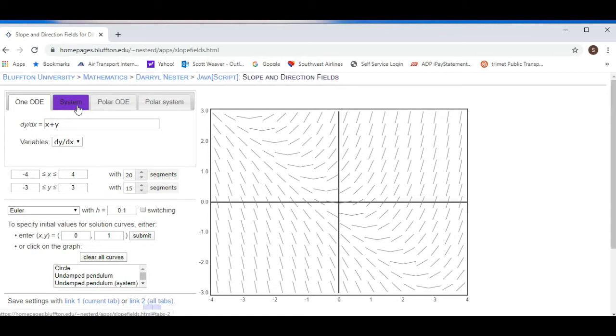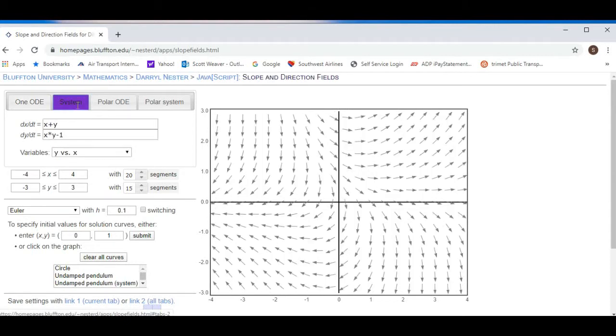What we are interested in here are systems, and so now let's say we want to put in the one that we were just talking about, which was 12x minus 3x squared minus xy.